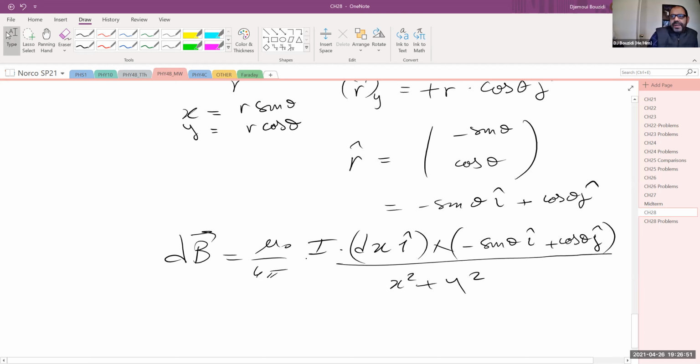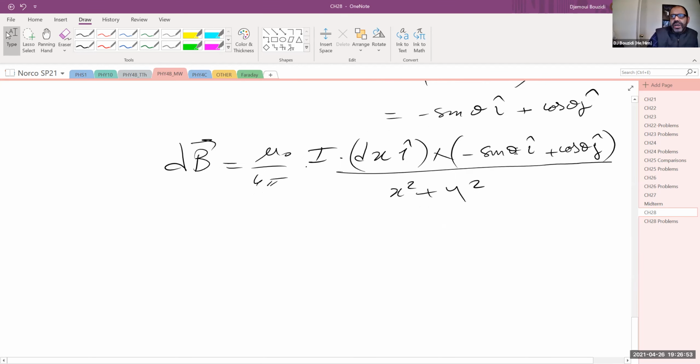Okay. Now, properties of the cross product. i hat crossed i hat, that is 0. Because when you cross a vector with itself, basically you're going to end up with the length of the first one times the length of the second one times sine of the angle between them.